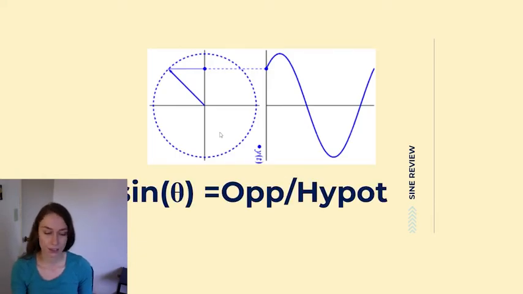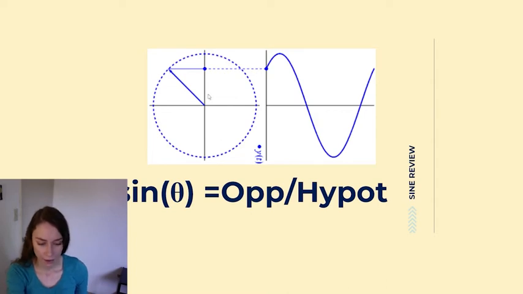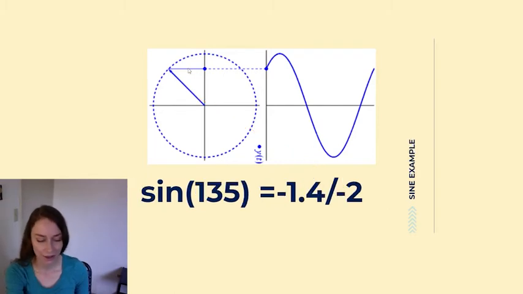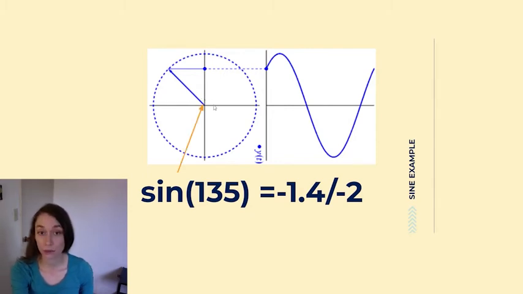And here's an example. So we've got theta, which is this piece here. We've got the hypotenuse, and then we've got the opposite side. So let's do that math really quickly. Theta, opposite side. I pointed them out inside of my presentation. So we've got the angle, which is 135 degrees. You can use degrees or radians.